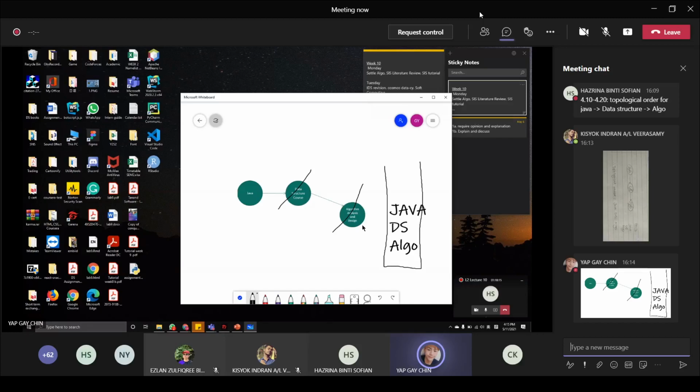So we just push it to the stack, and then we'll check the previous one. Since it already has no unvisited nodes around it, then we go to data structure. So data structure also has no unvisited vertex around it, so we push it to the stack, and finally Java. So the order will be read from Java to algo.